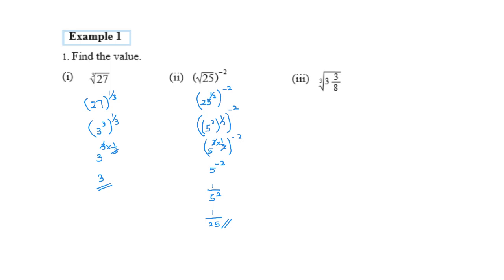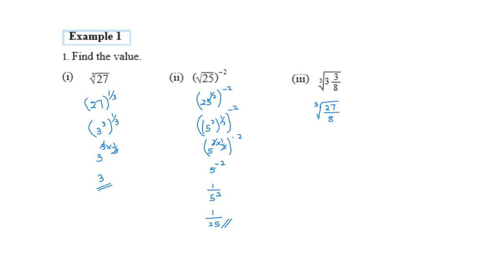Next, example 3. You have cubic root of 3 and 3/8. So first of all, you want to make this improper. 8 times 3 is 24 and 3 is 27, so you have 27 over 8.